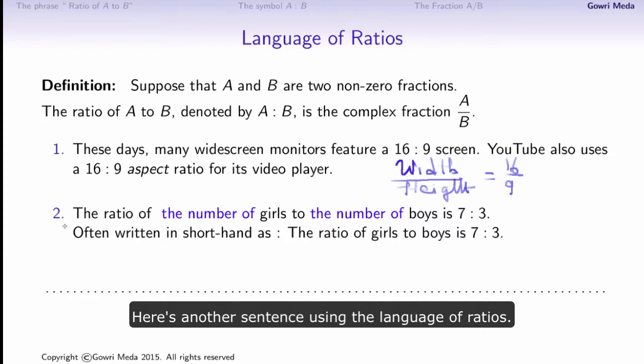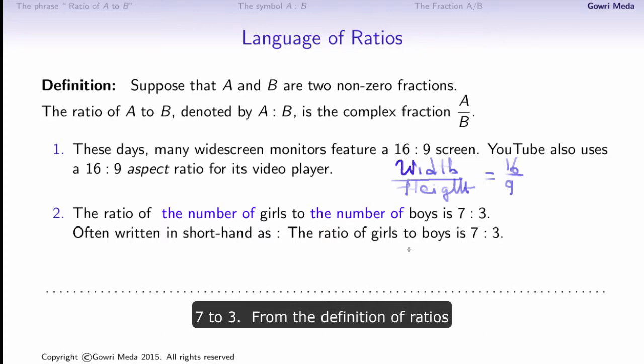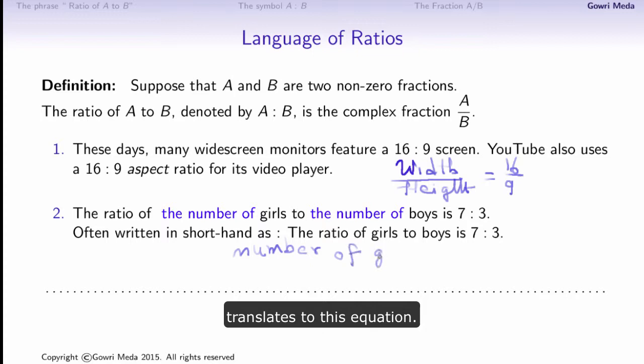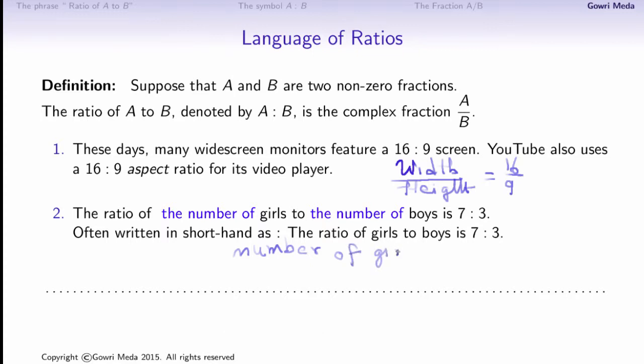Here's another sentence using the language of ratios. The ratio of the number of girls to the number of boys is 7:3. From our understanding of the word ratio as it's defined, that sentence simply translates to this equation: number of girls over number of boys equals 7/3.